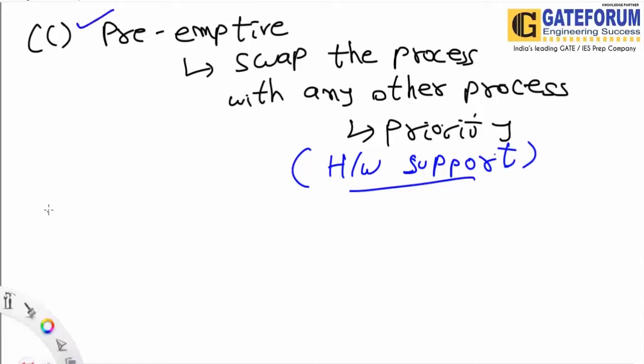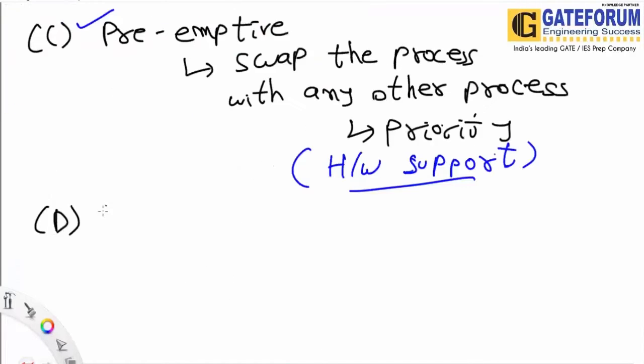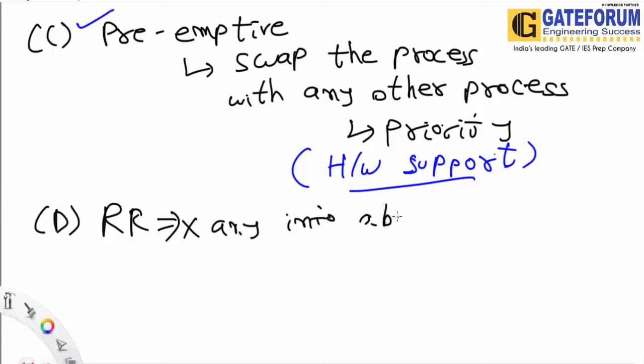The last one says that the round robin policy can be used even when the CPU time of the process is not known in advance. Round robin, or RR, does not require any information about the CPU or execution time.